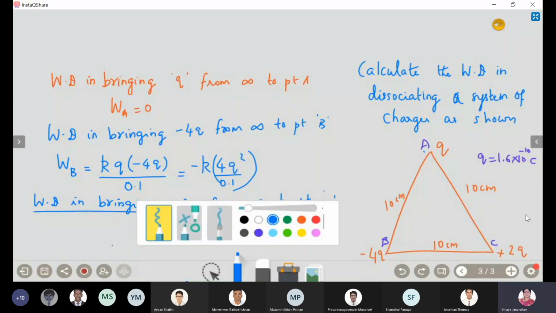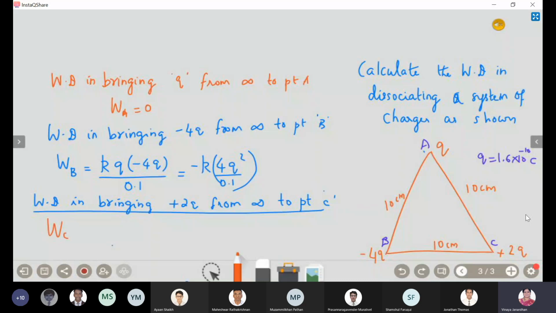That is WC, K into Q into plus 2Q by the distance, which is the same, plus K into 2Q into minus 4Q, because you are doing work against the field created by the other charges. Now you have to add all the work, which gives you the energy.